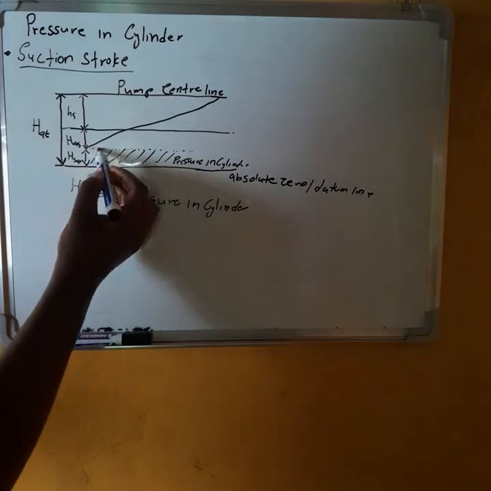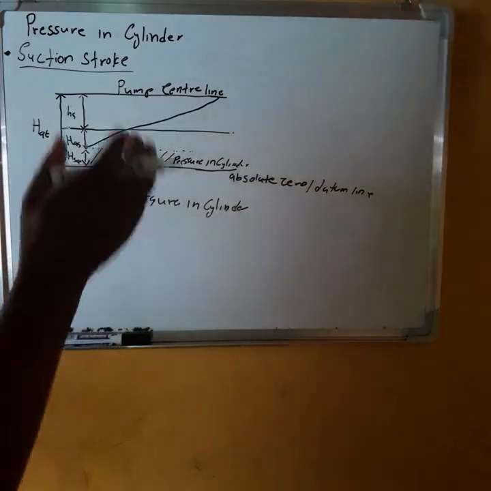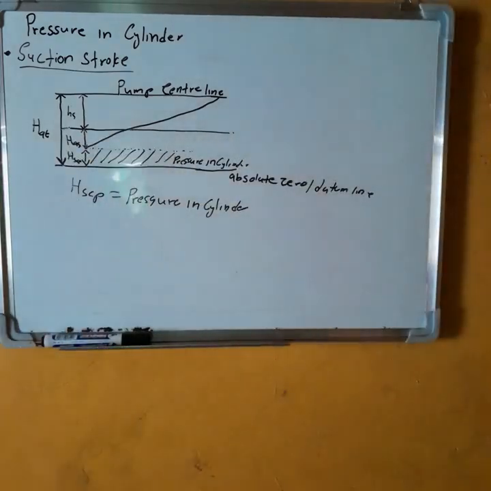You can do this in detail. This is the pressure in the cylinder, that portion that I've sectioned. So that is what H sep is, right? H sep is a pressure in the cylinder.